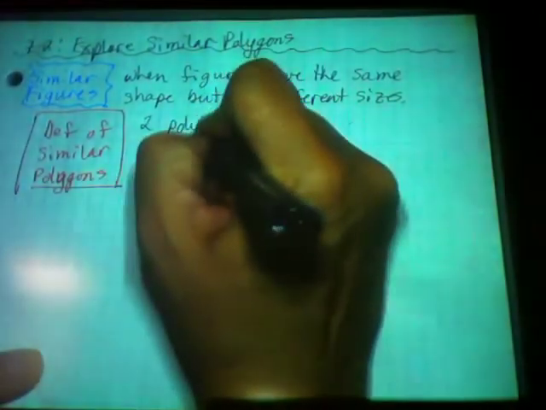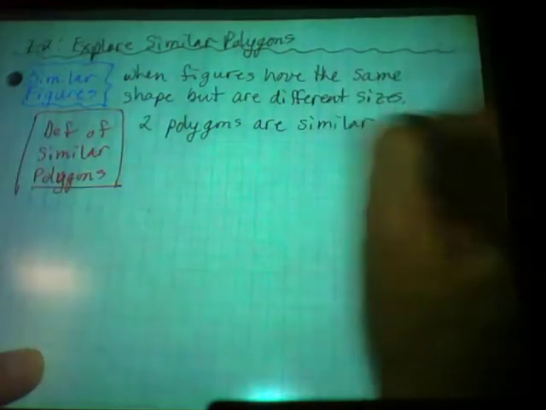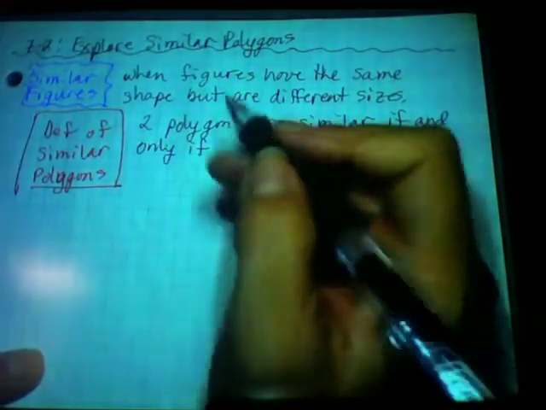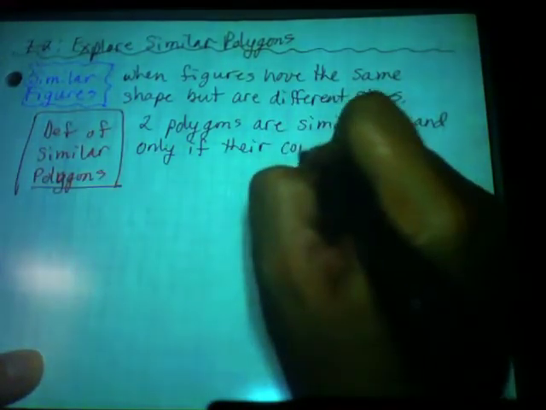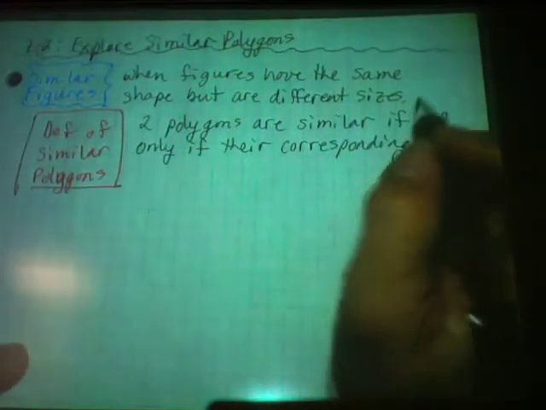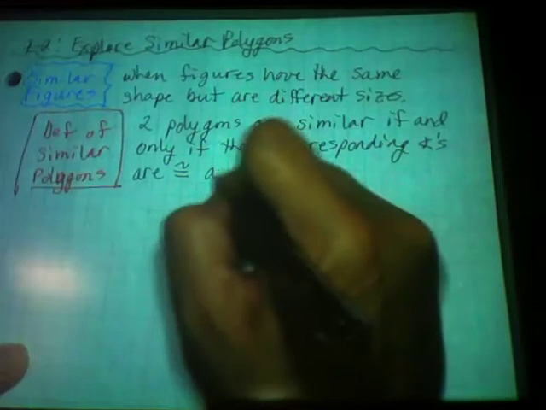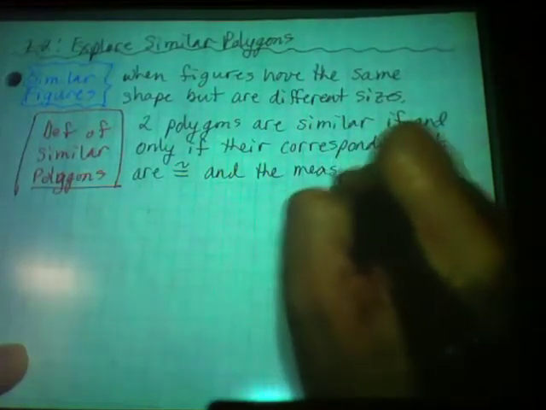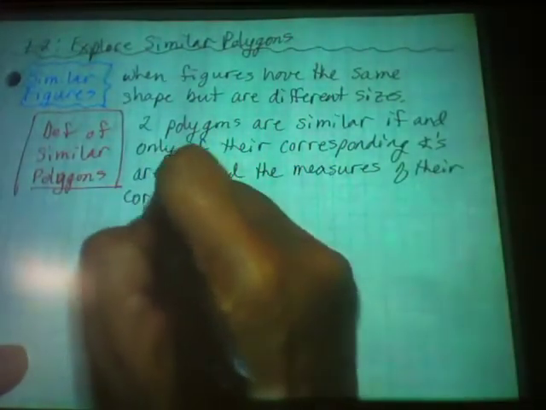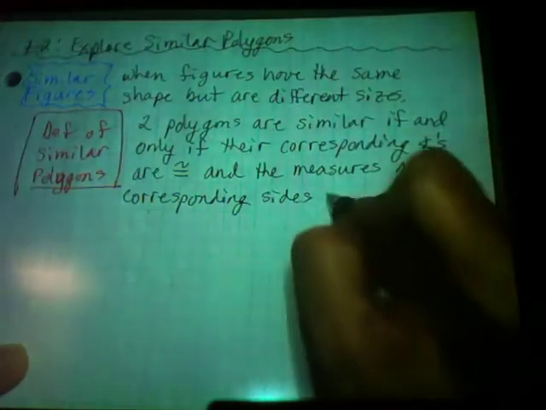Two polygons are similar if and only if their corresponding angles are congruent and the measures of their corresponding sides are proportional.